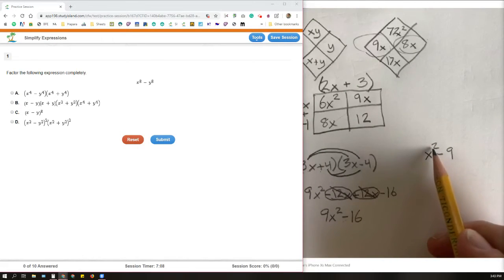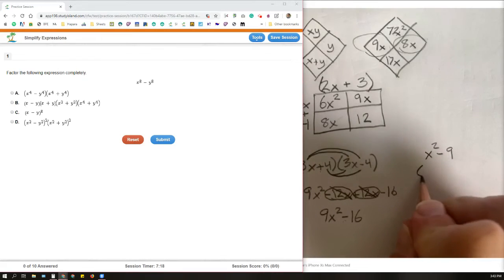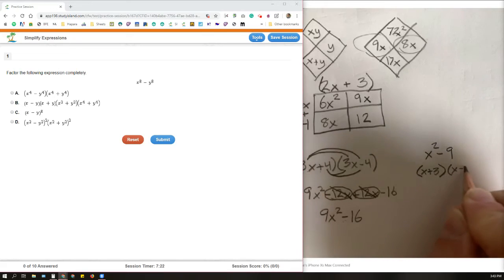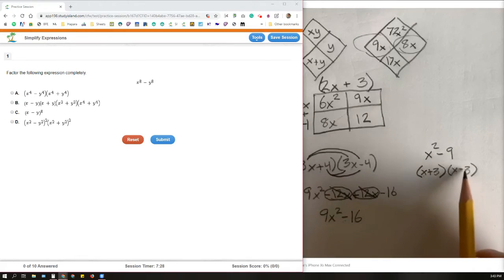X squared is a perfect square because I can get to it by doing x times x. And 9 is a perfect square because I can get it by doing 3 times 3. So I can break up x squared minus 9 into x plus 3 times x minus 3. Because the square root of x squared is x, and the square root of 9 is 3. So x plus 3, x minus 3.